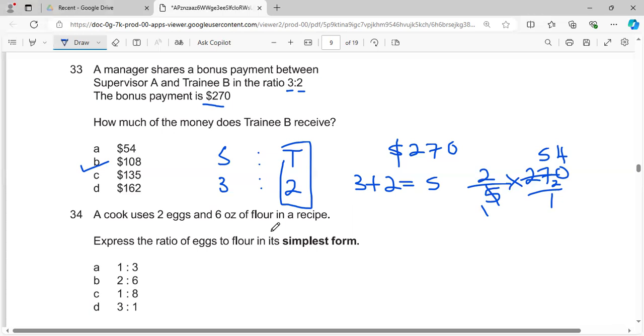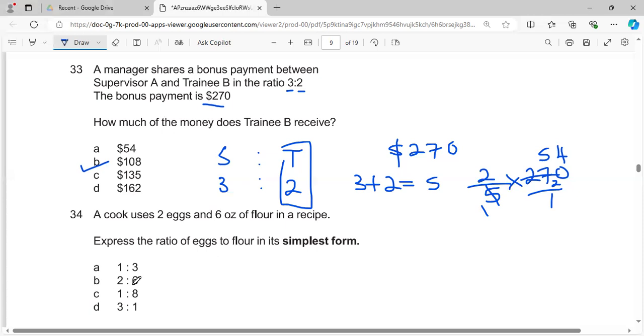Alright, Katila, you're up. Okay. A cook used 2 eggs and 6 ounces of flour in a recipe. Oh, they call that ounce. Yeah, alright. Express the ratio of eggs to flour in its simplest form. So the answer, some people would say the answer would be B, but that's not the simplest form.